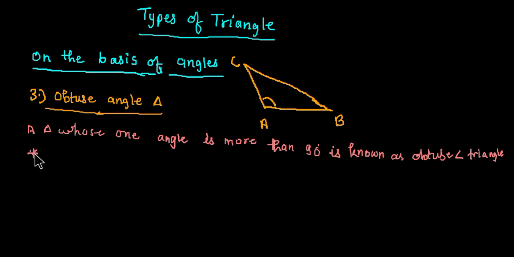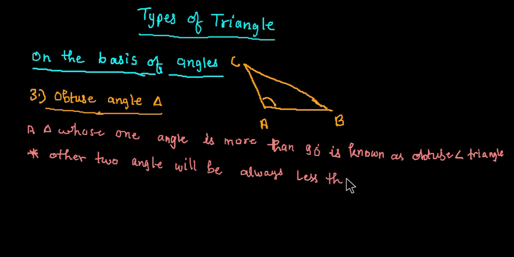So we can note that the other two angles will always be less than 90 degrees. Okay, so we can say that this is a property of the obtuse angle triangle.